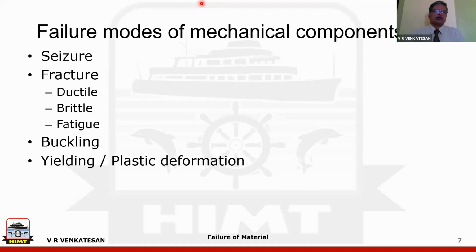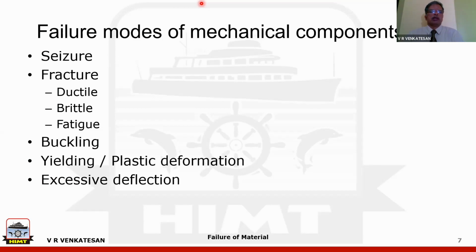This is also a mode of failure. You can also have excessive deflection. Now this deflection can be entirely within the elastic limit, in the sense that if the force is released, it can come back to its original position and size. But the movement is too much. The deflection can be excessive. This is also a type of failure.